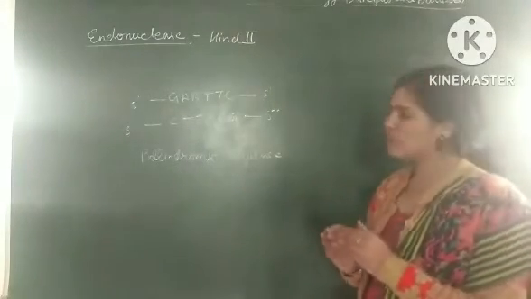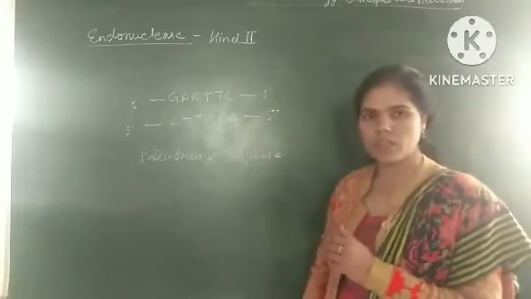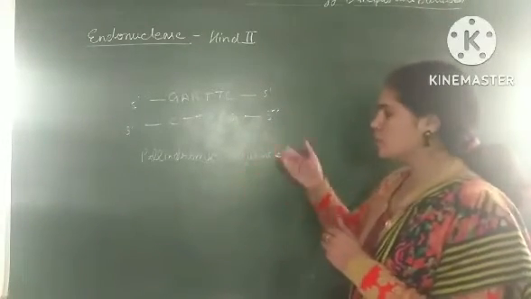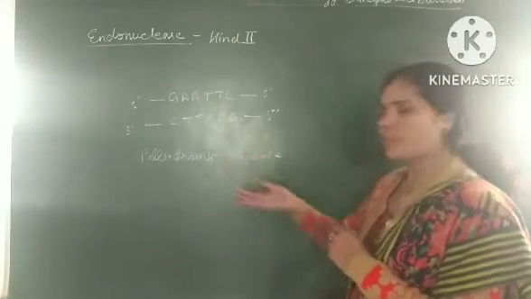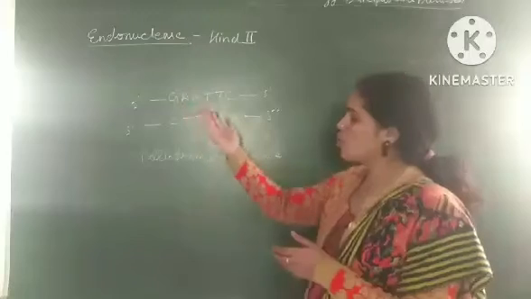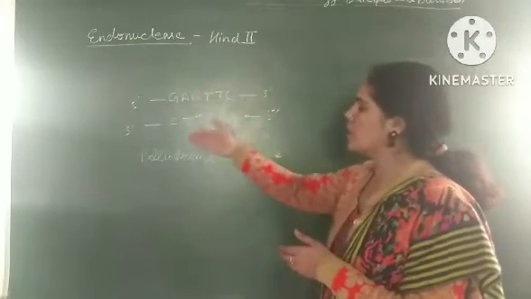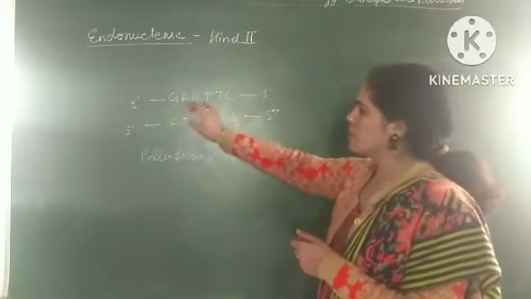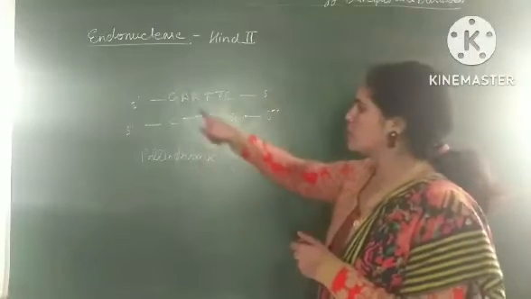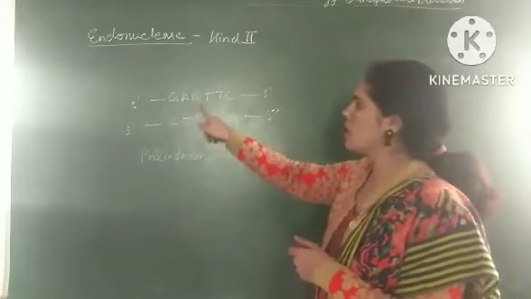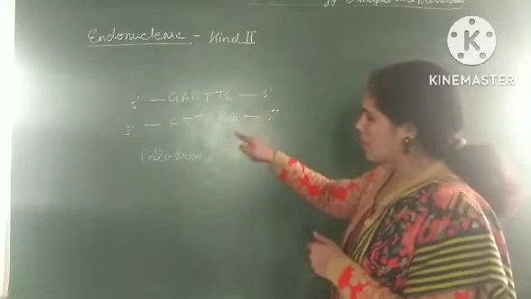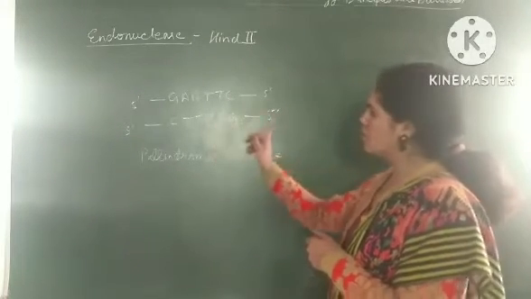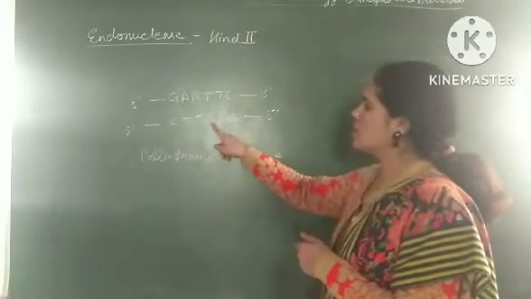These palindromic sequences are sequences of nucleotides found on the DNA. If we read the palindromic sequence, it is always the same from one side to the other. If we read this palindromic sequence from 5' to 3', it is GAATTC, and on the other strand, if we again read this sequence from 5' to 3', it is GAATTC.